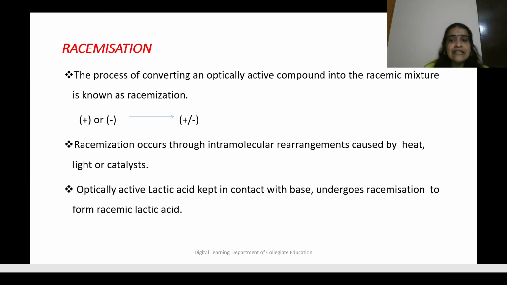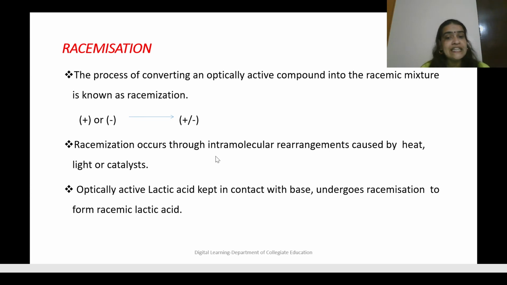So this optically active compound, which is either dextro or levo, when we convert that to DL form or plus minus form, we call it racemization. Here you can see plus or minus is converted to plus minus. Together, it is a racemic mixture.